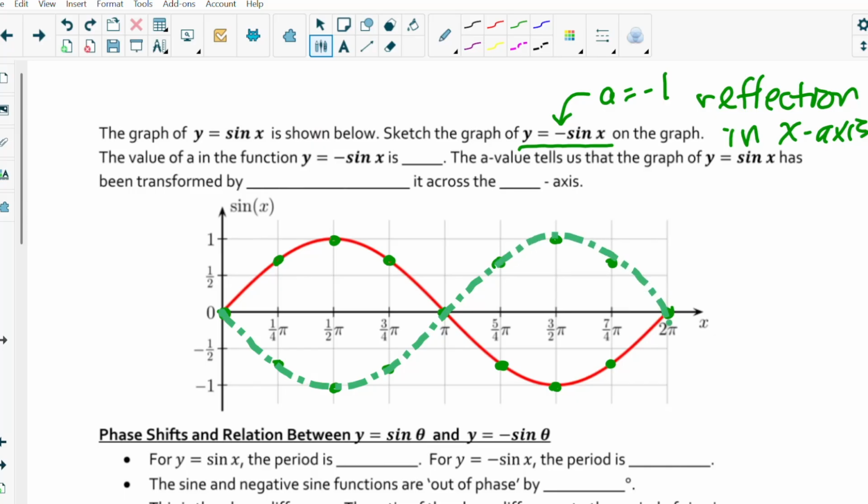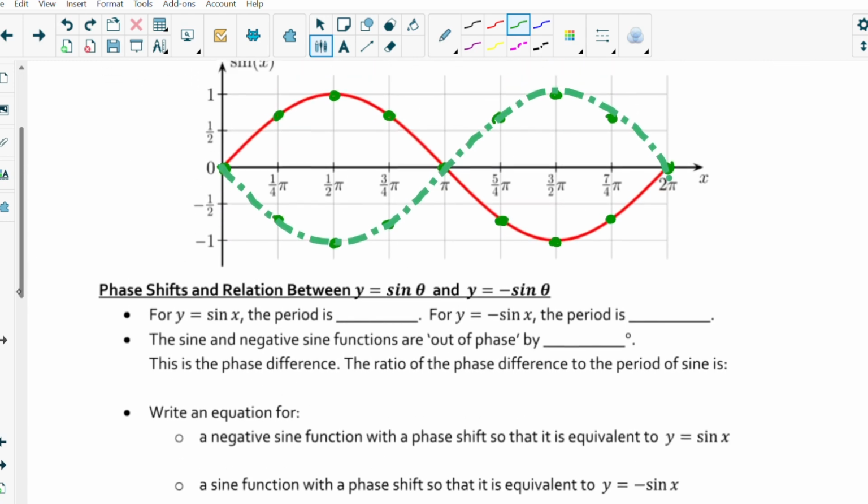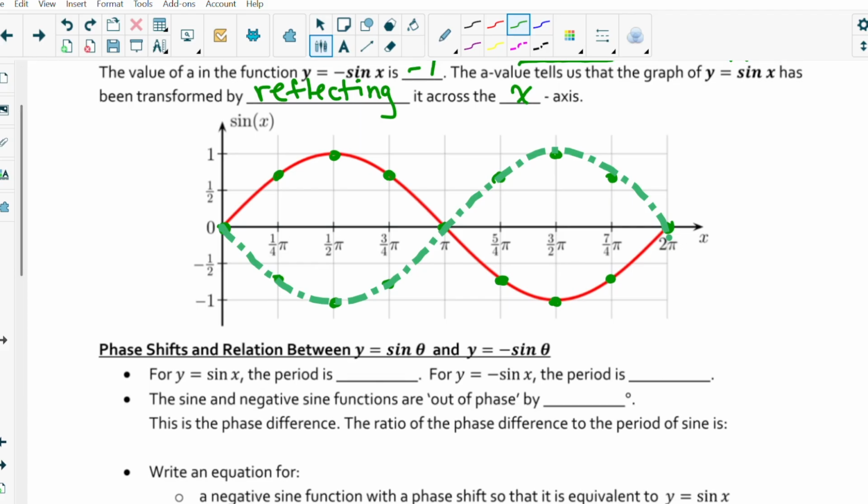Okay. The value of a in the function y equals negative sine of x is -1. The a value tells us that the graph of y equals sine of x has been transformed by reflecting it across the x-axis. We know that from transformations. Let's do some analysis and talk about phase shifts and the relation between y equals sine of theta and y equals negative sine of theta, so the original graph and its reflected graph.